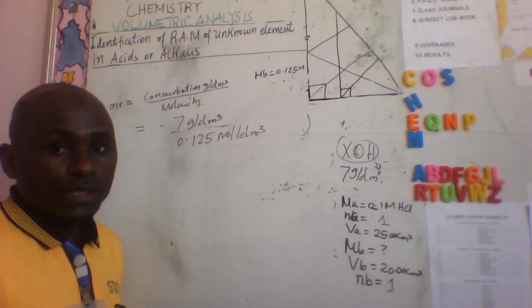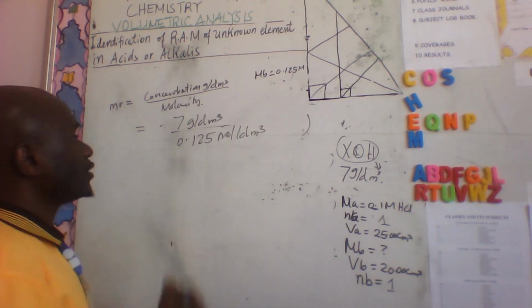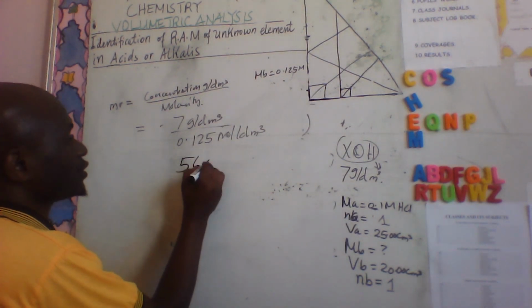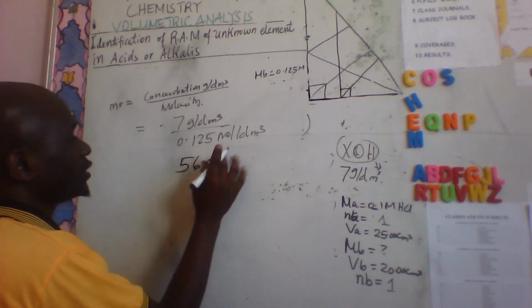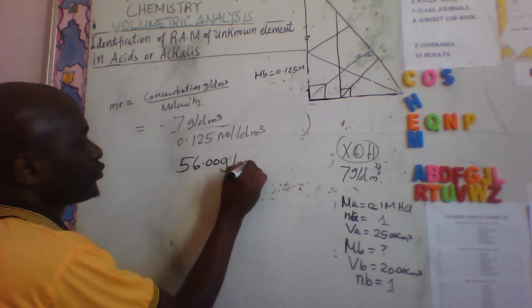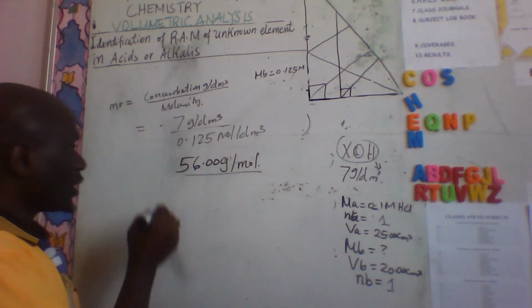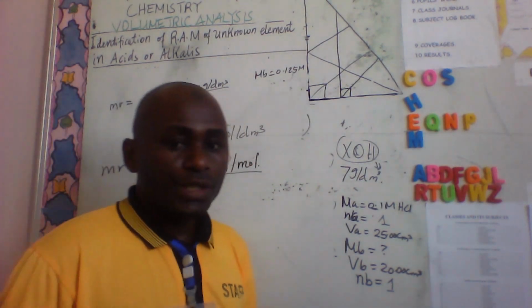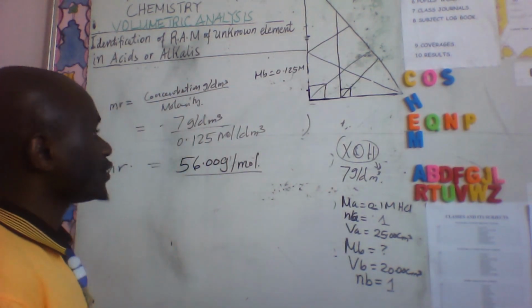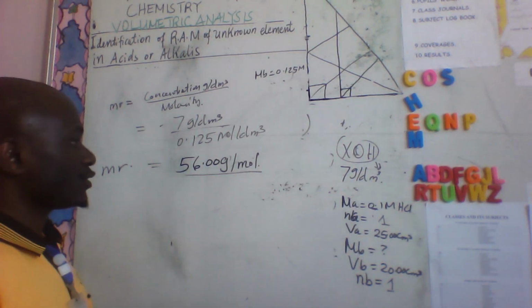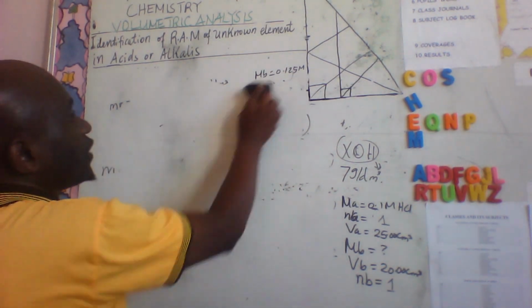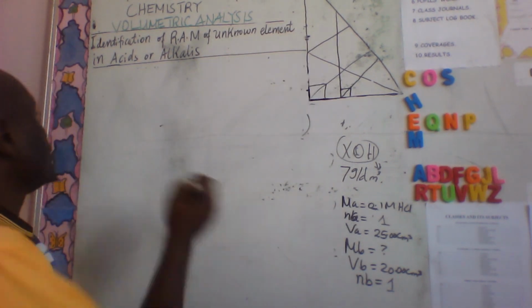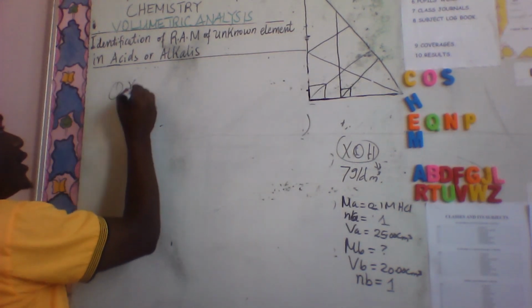When we divide this by this, you will end up with 56.00 gram per mole. So the molar mass of this compound XOH is equal to 56.00 gram per mole. So let us find the molar mass of the unknown element. Here we have XOH.